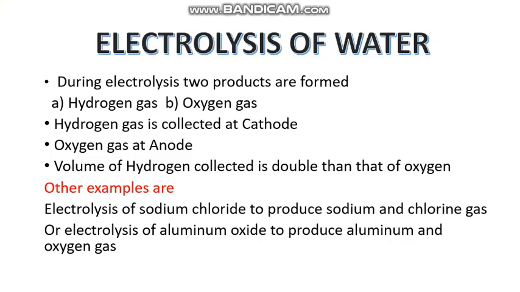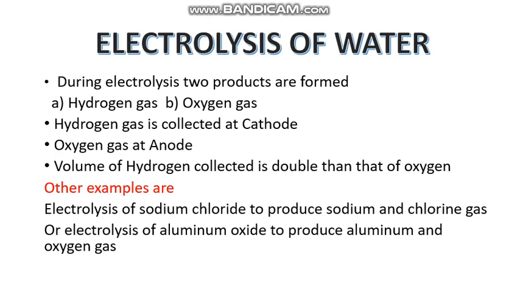In this electrolysis of water, the two products obtained, hydrogen and oxygen, are collected at different electrodes. You all know that electrolysis takes place in an electrolytic chamber. The two electrodes are cathode and anode. Hydrogen gas is collected at the cathode and oxygen gas is collected at the anode.